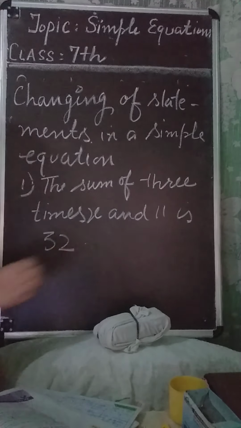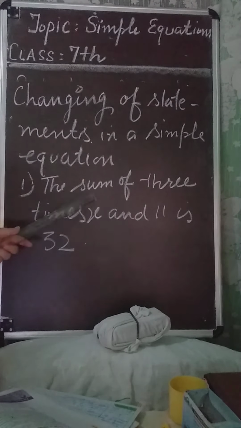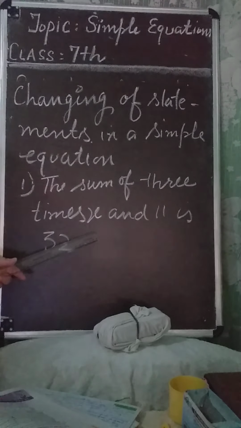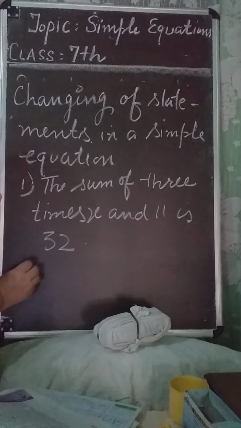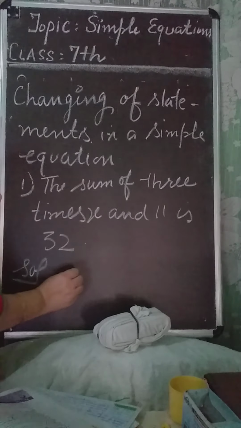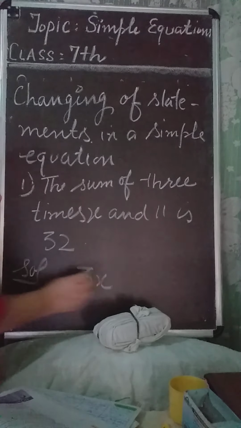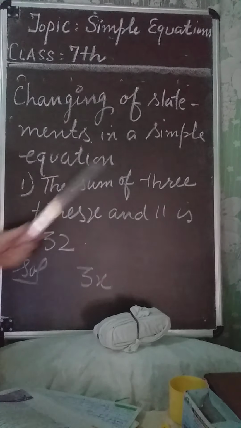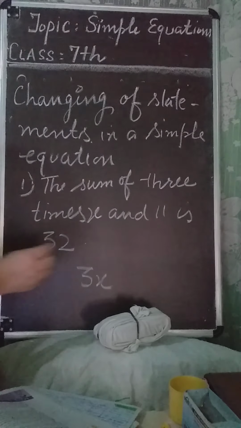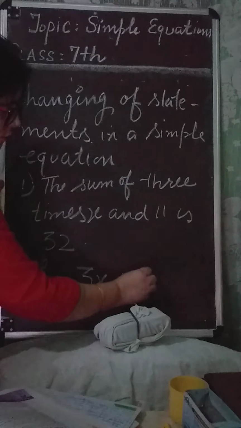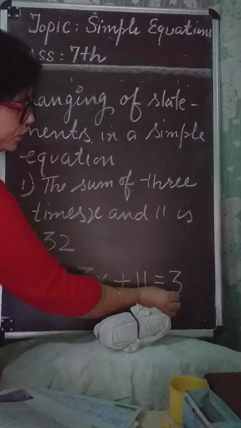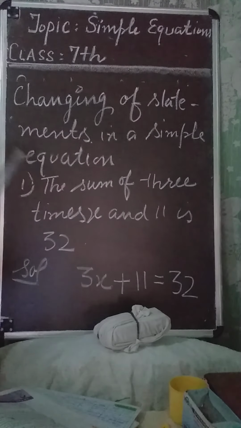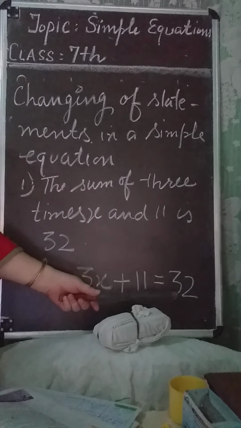Children, you have to understand this. The sum of 3 times x: in the solution, 3 times x means 3x. Sum means plus, 11 is equal to 32. So the equation for this statement will be 3x plus 11 is equal to 32.